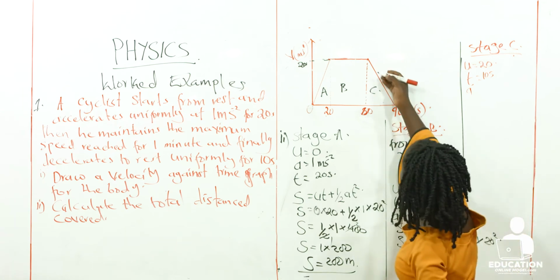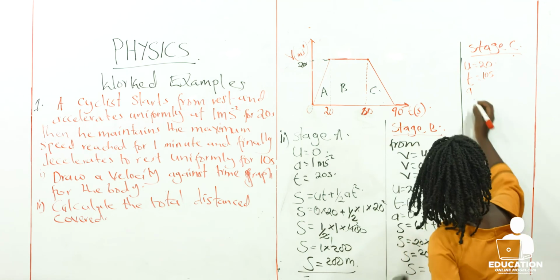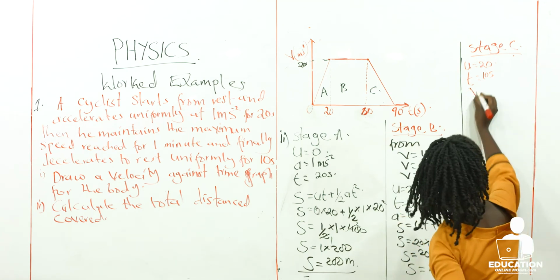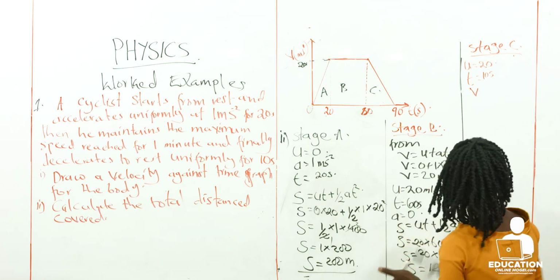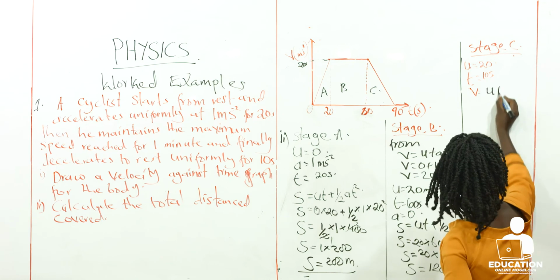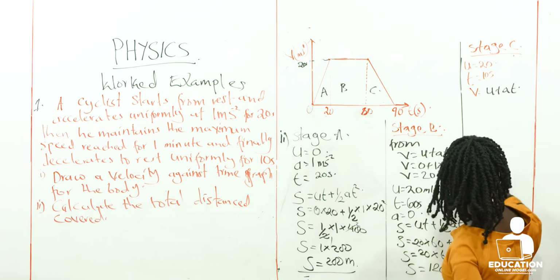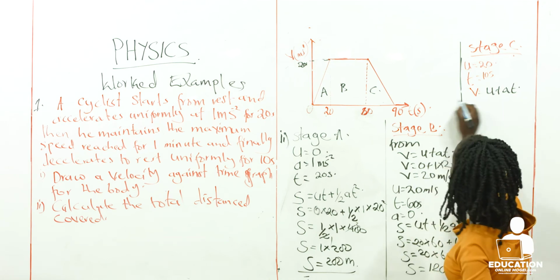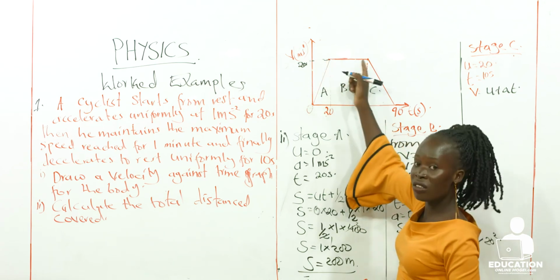To get this deceleration, you can get it from the first equation of motion, which is V equals U plus AT. We want to get the acceleration there, so we make our acceleration the subject. Our V here is equal to the U, because at this point the two velocities are the same.